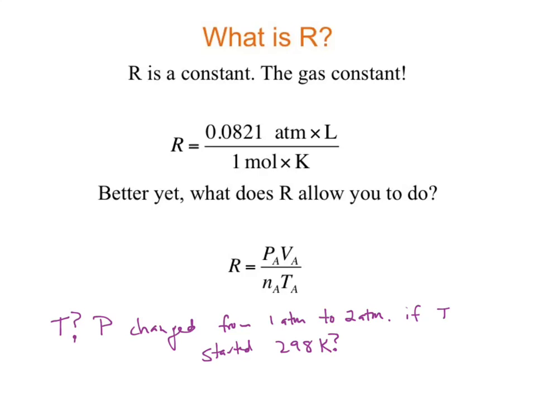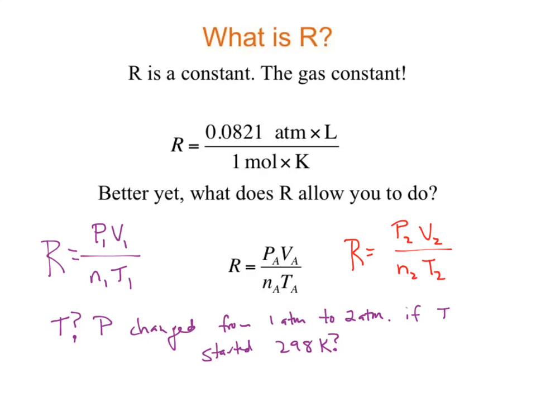They stay constant. So what we're saying is that if we take R and we take our pressure at conditions 1, our volume at conditions 1, our moles at condition 1, and our temperature at condition 1, we know that if we look at our R constant for the pressure at conditions 2, volume at conditions 2, moles at condition 2, and temperature at condition 2, well, what's the R at condition 2 versus the R at condition 1?